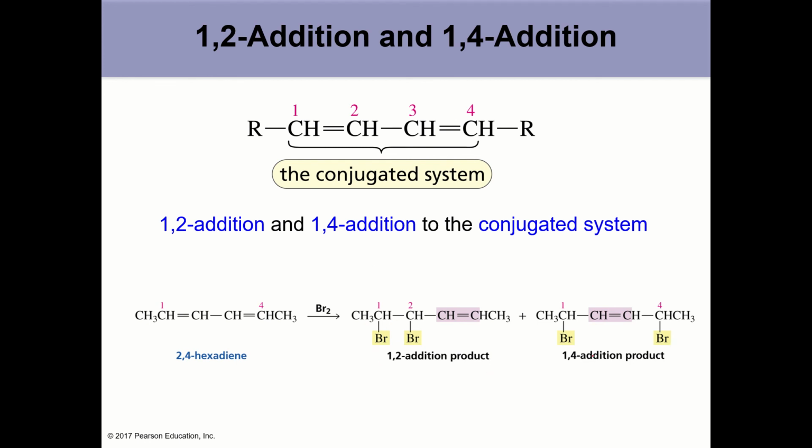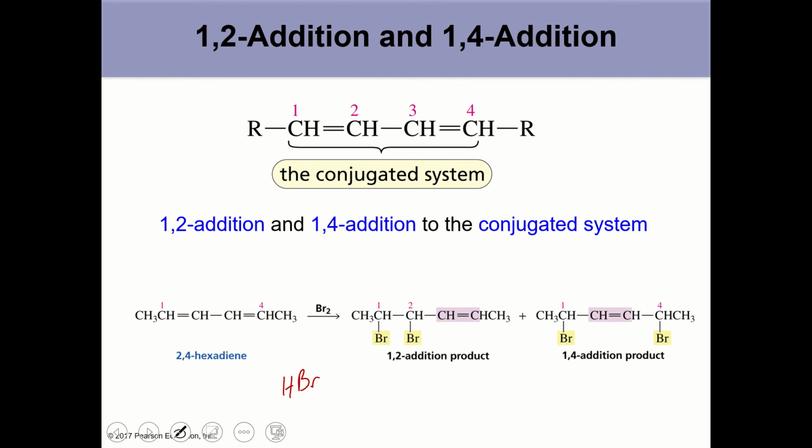So we have a 1,2 and a 1,4 addition product. When we react with HBr, we know that H adds to the less substituted carbon and bromine adds to the more substituted carbon. So hydrogen adds first at carbon 1, and then bromine adds to carbon 2.